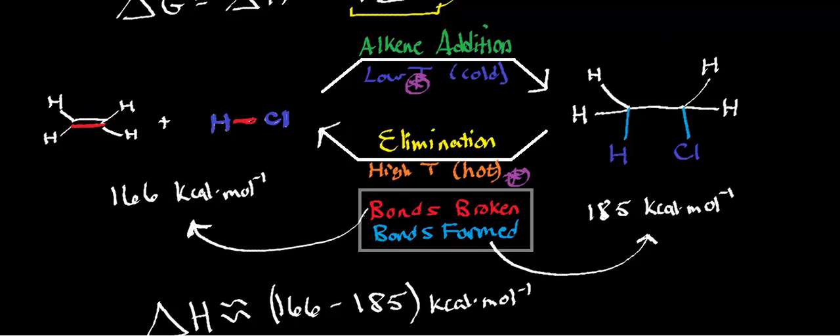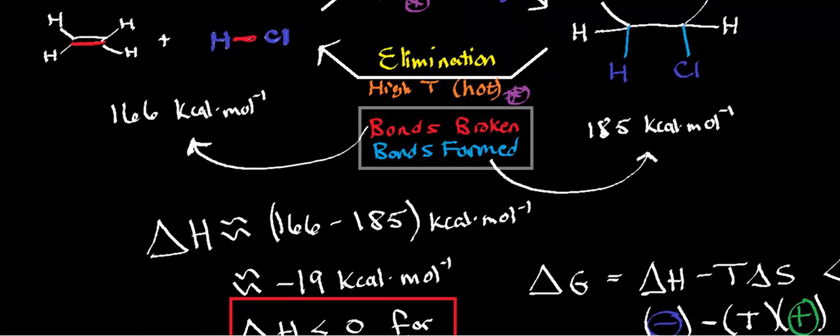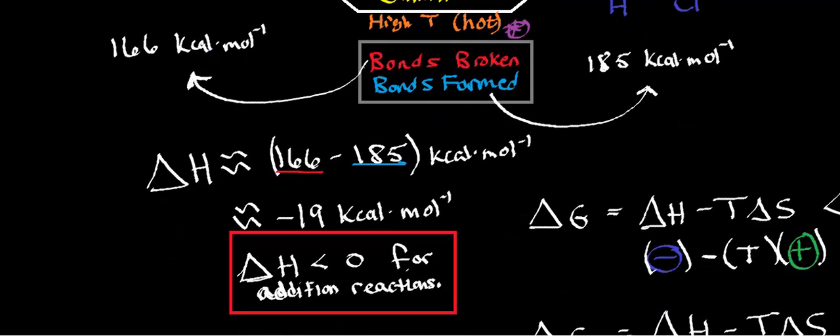Okay? So if I want to get an estimate of what delta H is, what I do is I take the bonds broken, and then I subtract off of that the bonds formed in kilocalories per mole. And what I ultimately get is that this is approximately negative 19 kcals per mole.